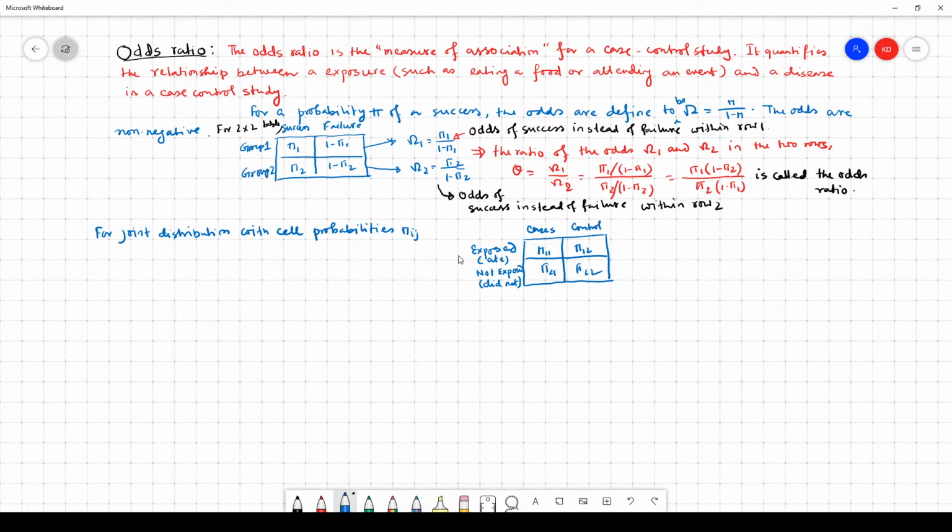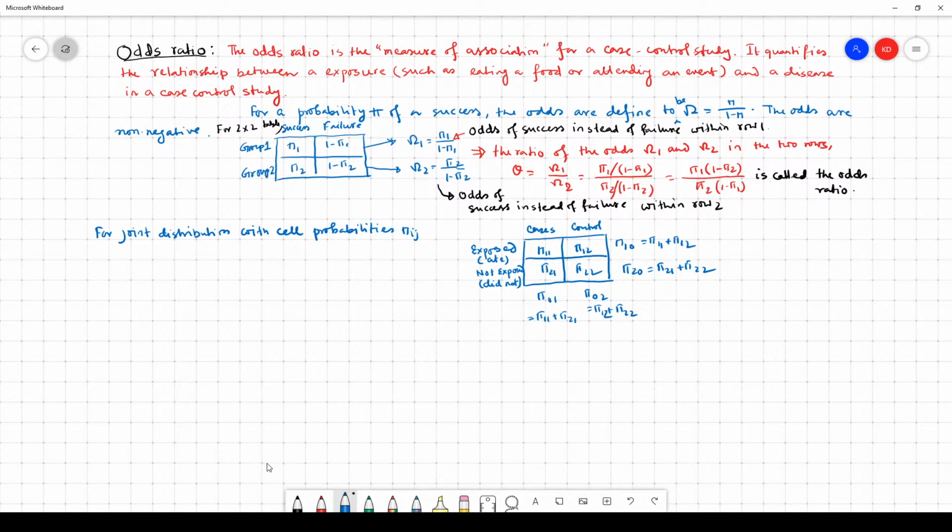Okay, and so this is the joint probability distribution. So it should be pi 1 naught, the marginal total, which is nothing but pi 1 1 plus pi 1 2. And this is pi 2 naught, pi 2 1 plus pi 2 2, and pi naught 1, which is equal to pi 1 1 plus pi 2 1, and pi naught 2, pi 1 2 plus pi 2 2.